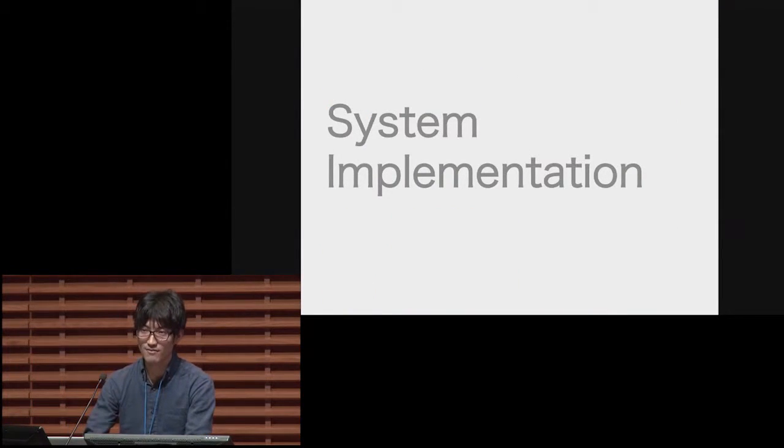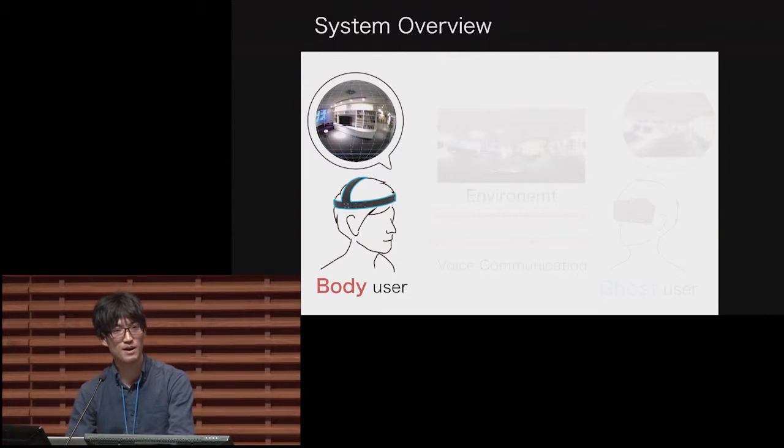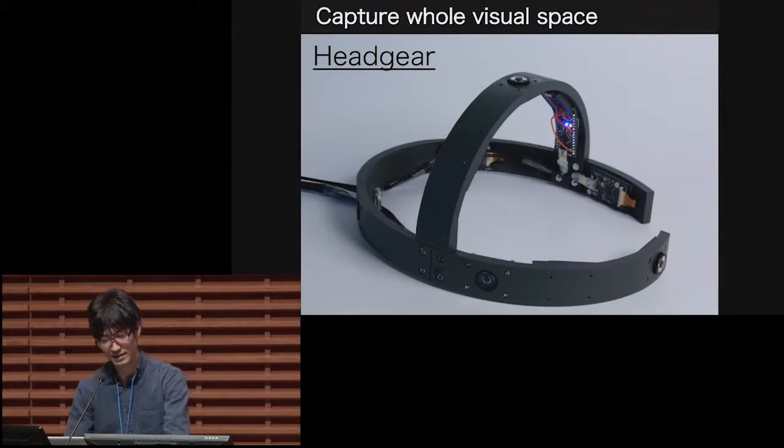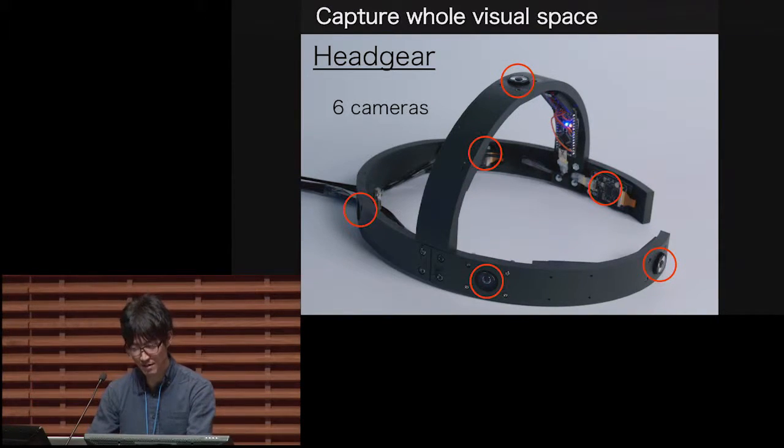So from now, I will explain the system implementation. First, I explain the body user part. This is a head-mounted device called Headgear. Headgear has 6 wide-angle cameras.